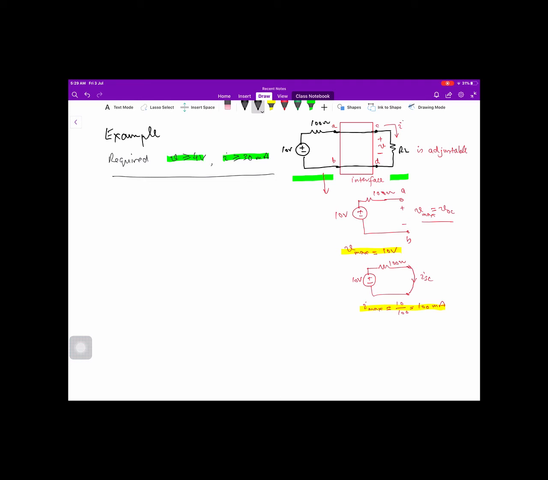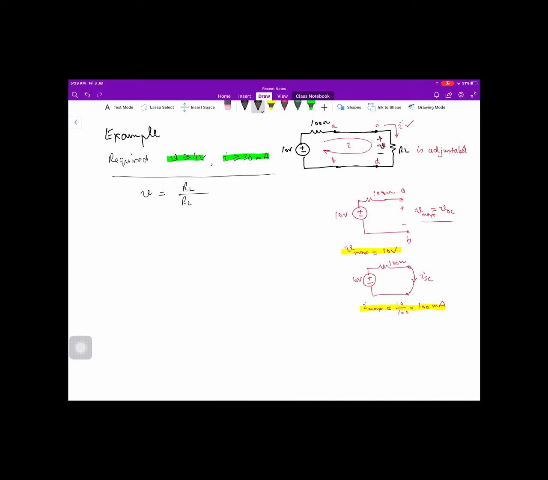In this case, look at the circuit diagram. I will delete this now, and there is no interface over here. The current which flows through this mesh is the same current which flows through the load. Now with this, we will see what voltage appears across the load, the voltage across RL.